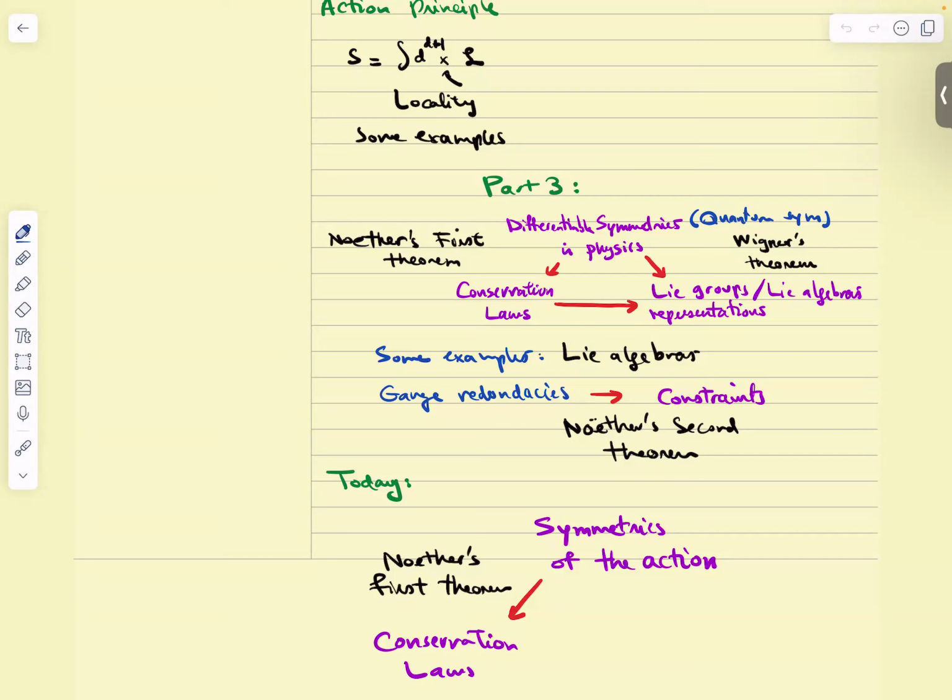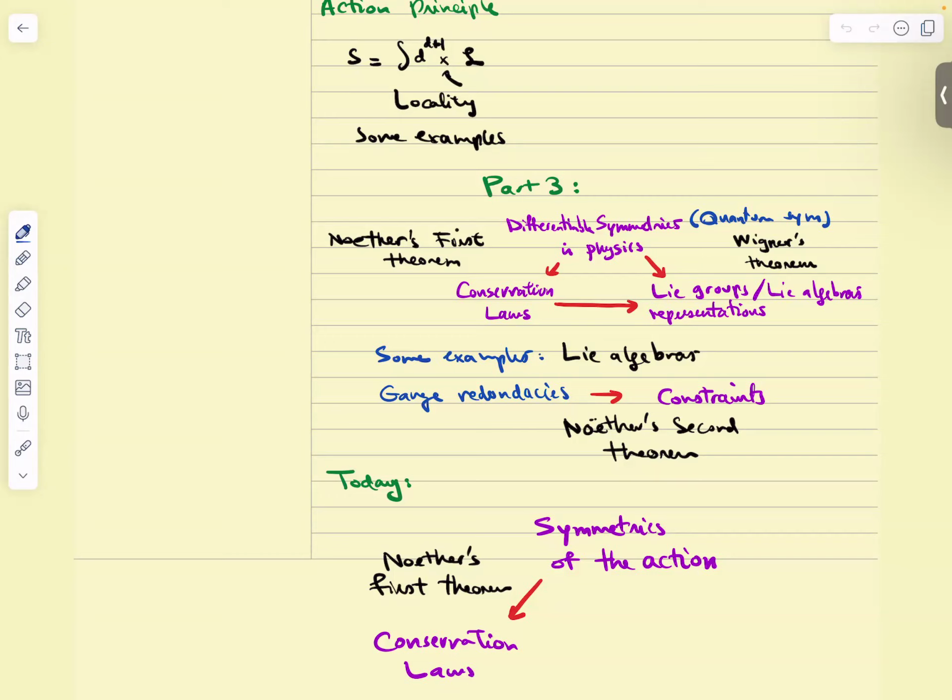And here is representations of groups. Lie groups and Lie algebras. Okay, representations of the groups. And they're all related. So we'll go through different aspects of these.